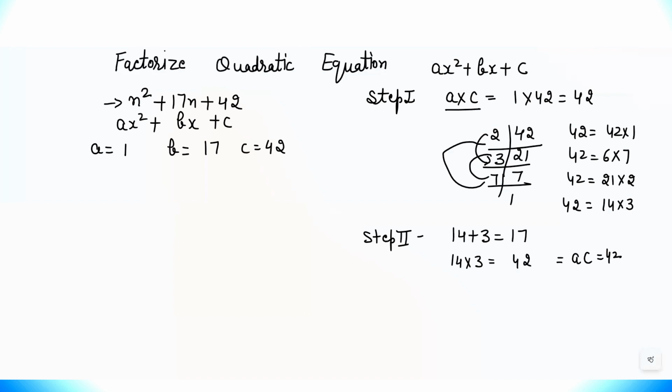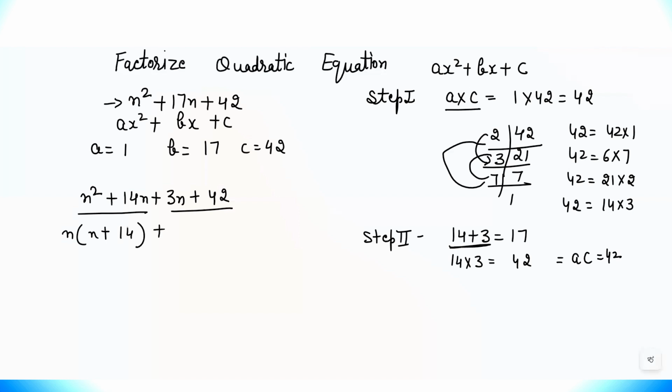So now the next step: n square plus 17n will be written as 14n plus 3n, because 14 plus 3 is equal to 17, plus 42. Now we have 4 terms here. We will take these 2 terms together, and another 2 terms together. From the first 2 terms, I can take n common. What is left? n plus 14 is left.